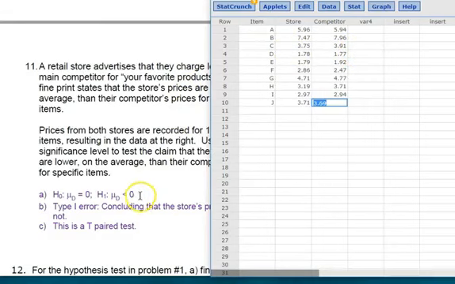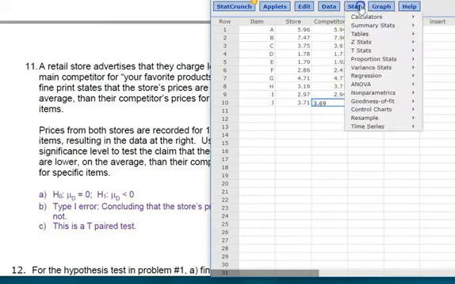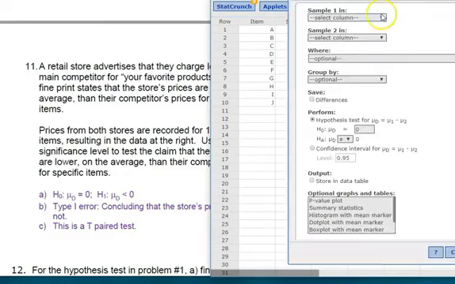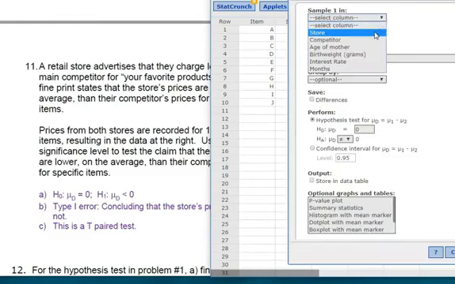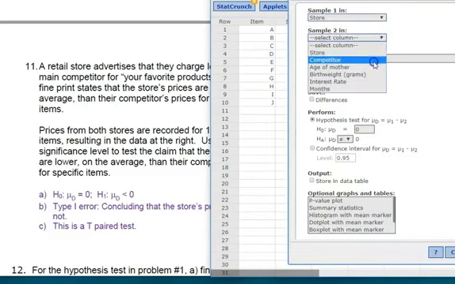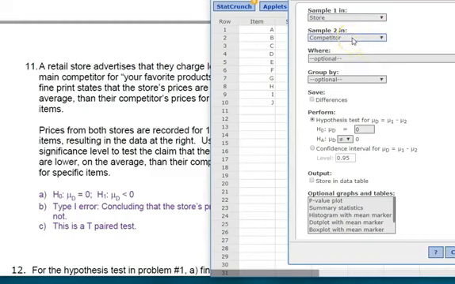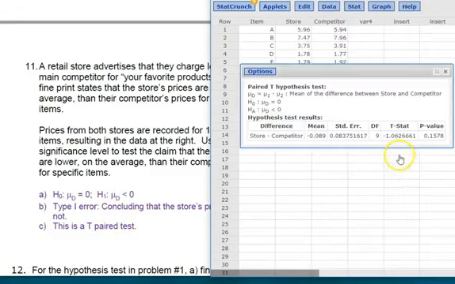What we're doing for this is a t-paired test. So I'm doing t-stats paired. The data that came first in the problem was the store. Second was the competitor, so that's the way I'm putting it in here. And then our inequality was a less than. There are my results.